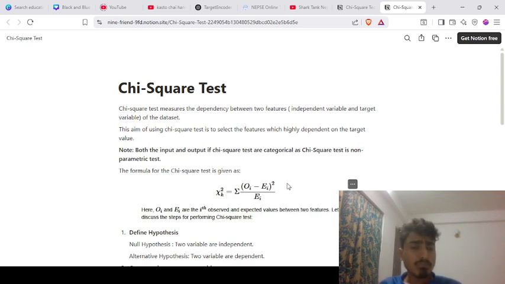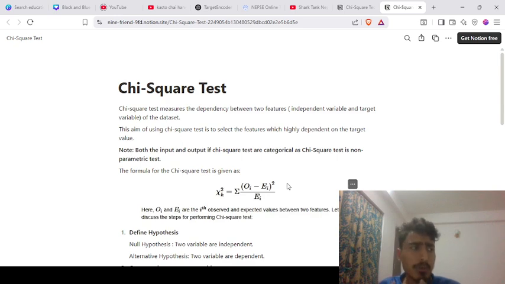The chi-square test measures dependencies between the target variable and the features, and the aim is to select the features which are highly dependent on the target variable. It helps us find which columns, which features, are more significant and give the most relevant and efficient output to our models.